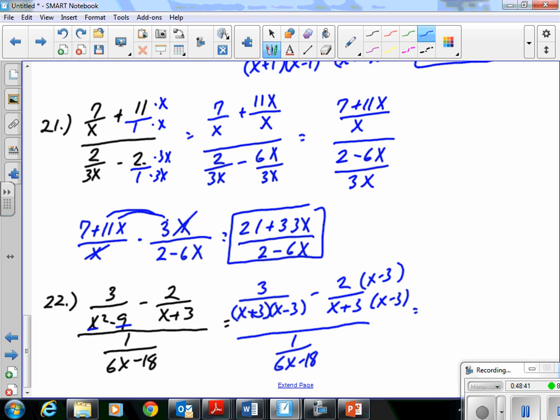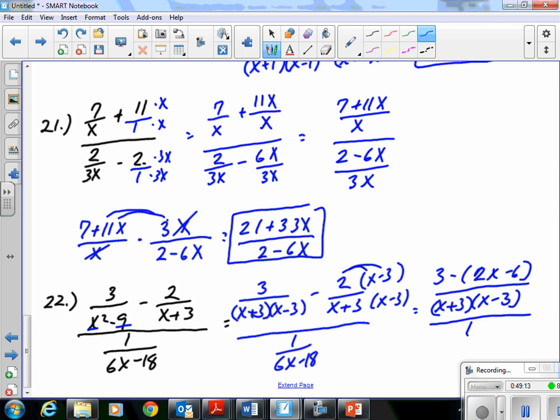So it's going to give us 3 minus 2 times x minus 3. So 3 minus 2x minus 6 over (x plus 3)(x minus 3) over 1 over 6x minus 18.